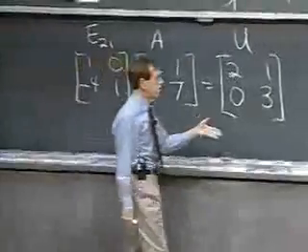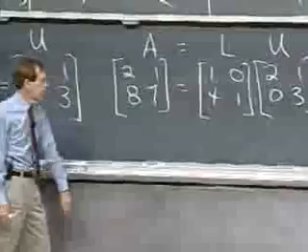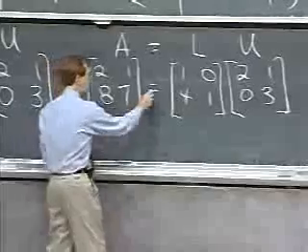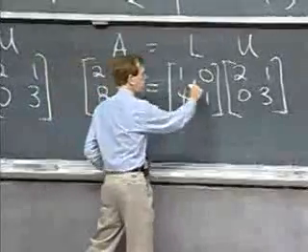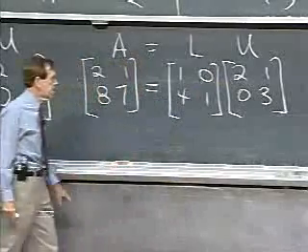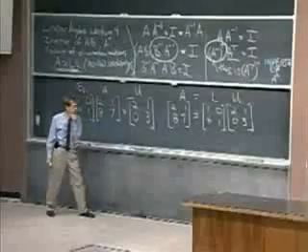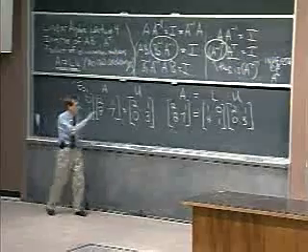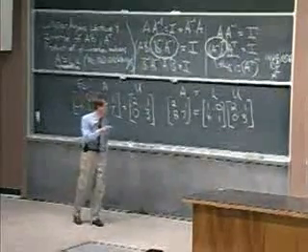Okay, so if we did the numbers right, this should be correct. And of course it is. That says the first row is right. 4 times the first row plus the second row is 8, 7. Good. Okay, that's simple, 2 by 2. But it already shows the form that we're headed for.